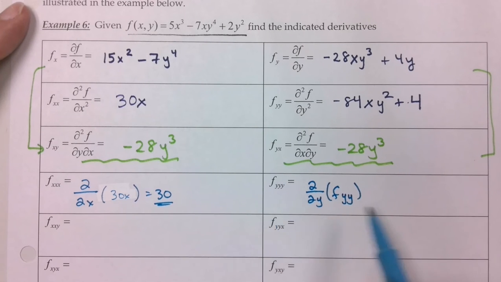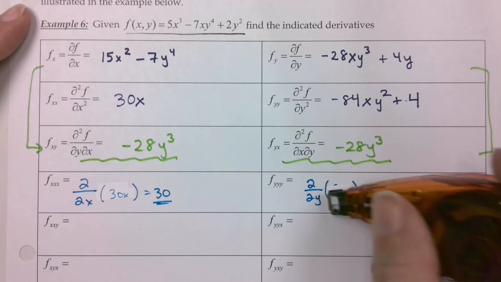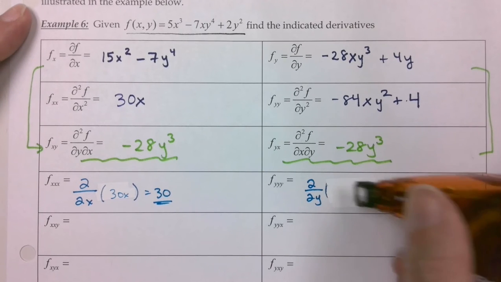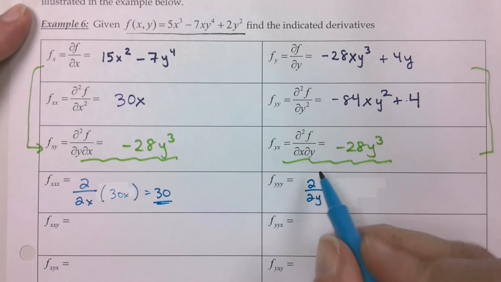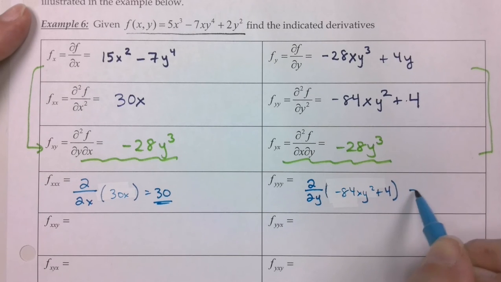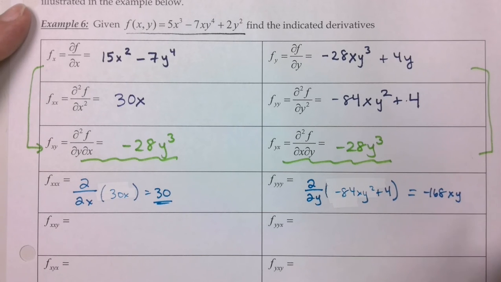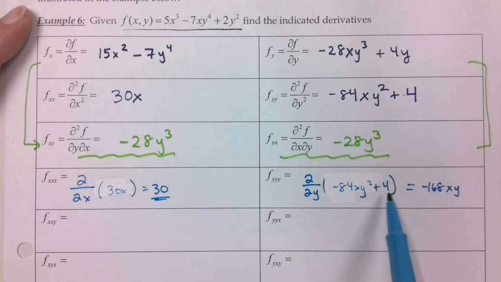Oh, sorry, f_yy is the partial derivative of that. Oh, and f_yy was, I'll just put it in. It was this one right here, negative 84xy squared plus 4, which would be, let's see, negative 168xy, because the derivative of 4 is 0.